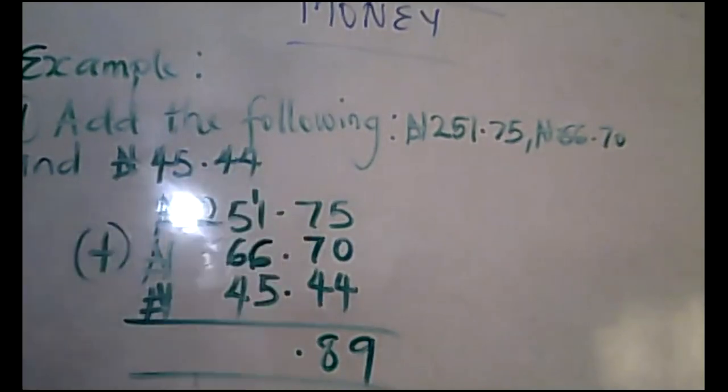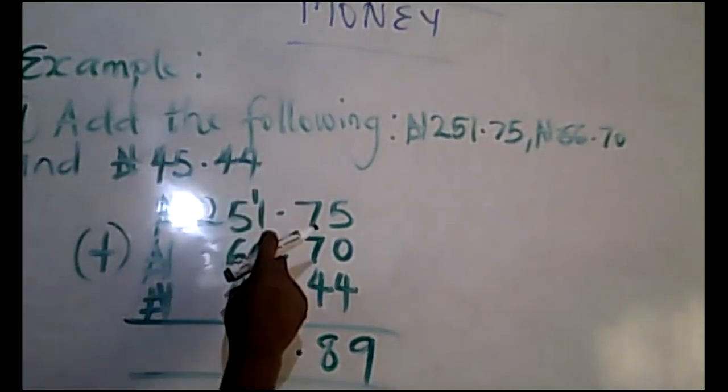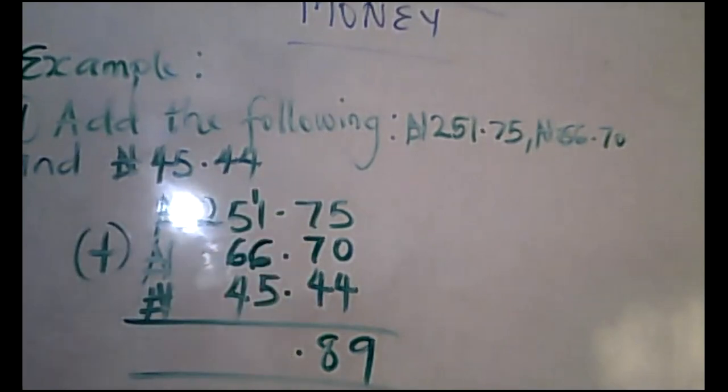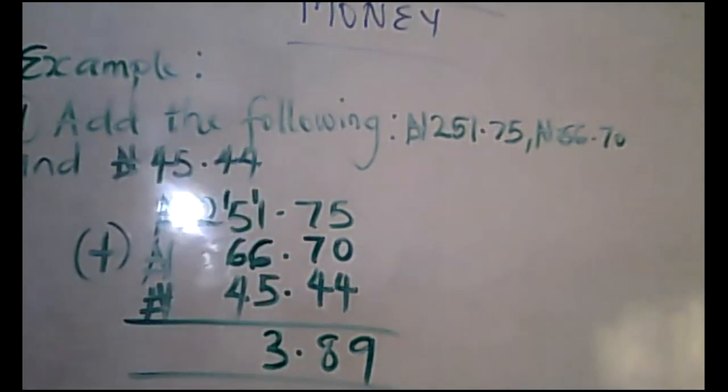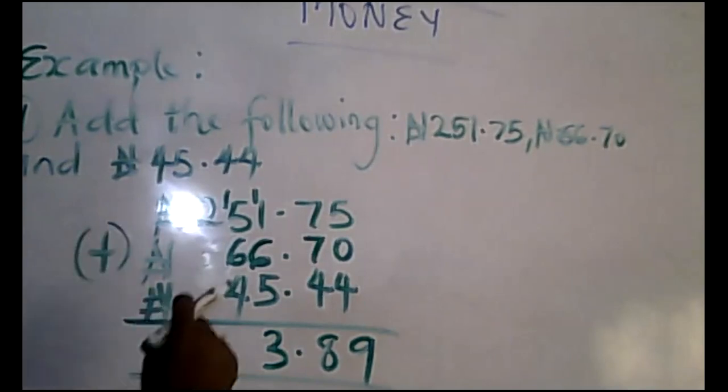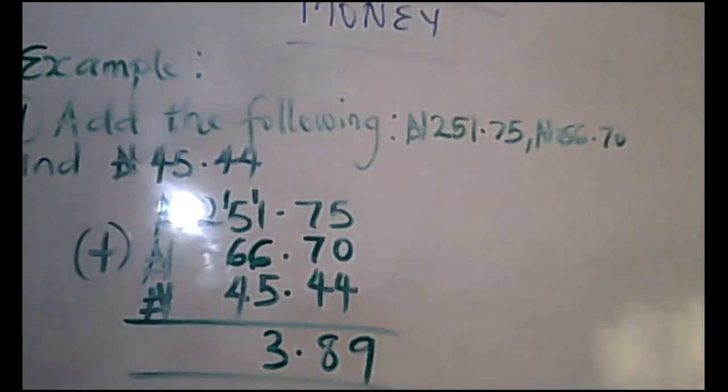Now 1 plus 1 is 2, 2 plus 6 is 8, and 8 plus 5 is 13. I will write 3 and carry my 1. 1 plus 5 is 6, 6 plus 6 is 12, and 12 plus 4 is 16.